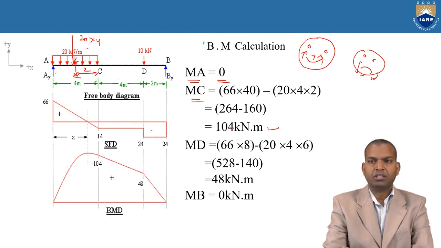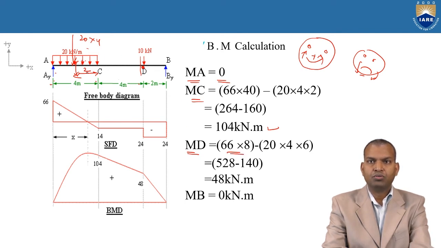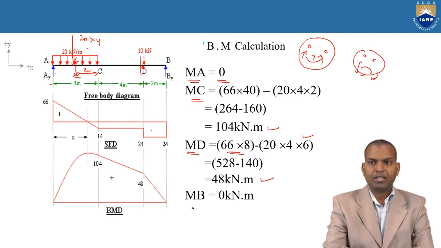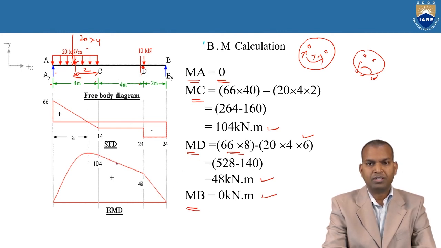That is 104 kilonewton meter. At point D, AY into the distance 8 meters, 66 into 8 minus 20 into 4 into 2 plus 4, that is 6. Then we get 48 kilonewton meter. Now at point B, it is 0 kilonewton meter.